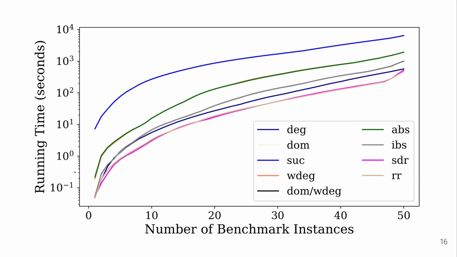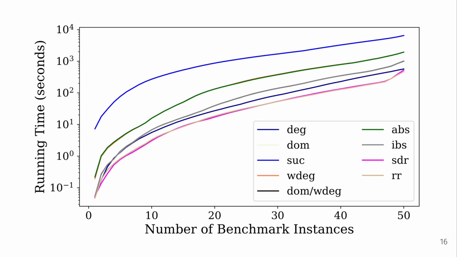This is the result for random instances for n equals 20. The y-axis is the running time in logarithm scale, and the x-axis is the number of instances that each algorithm can solve within a given amount of running time. Because the y-axis is in logarithm scale, a small gap can mean a lot of difference in linear scale.